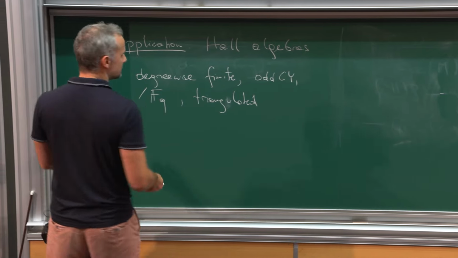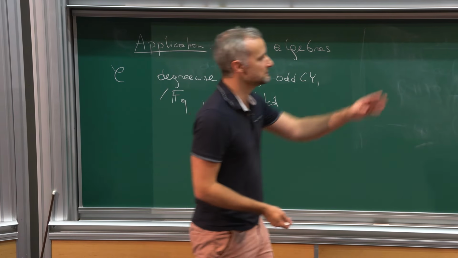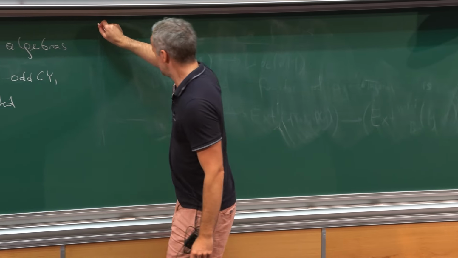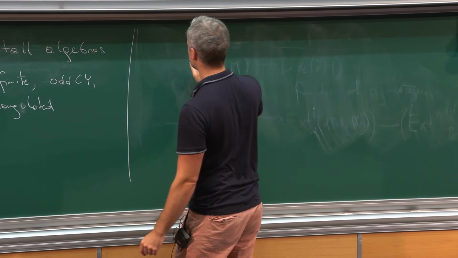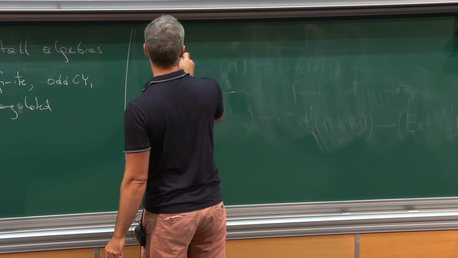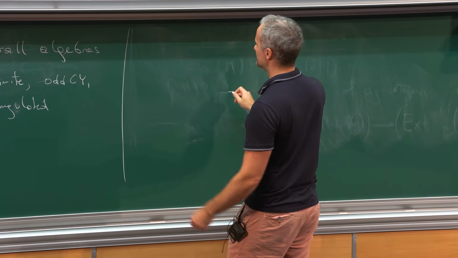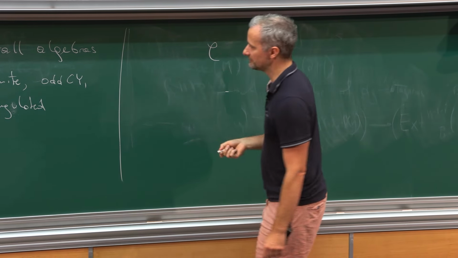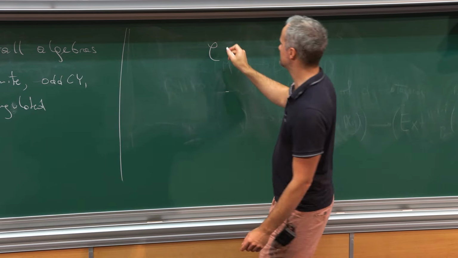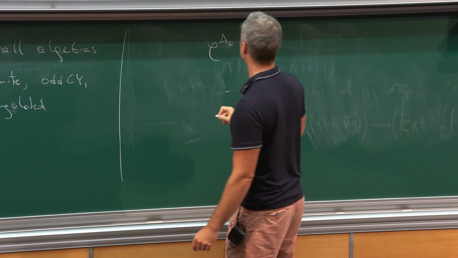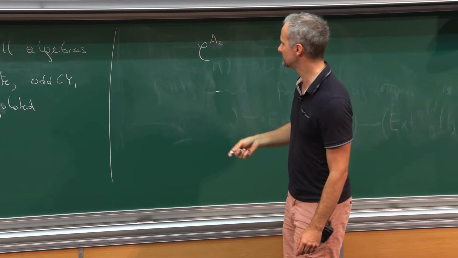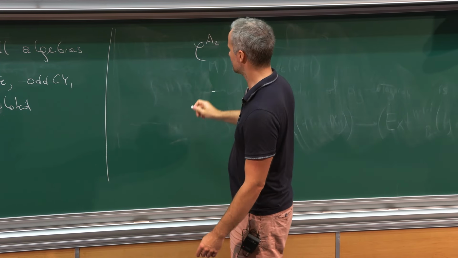Yeah, so to use my formula, I need some relative Calabi-Yau functor. And that is the following. In fact, better to view it as a span. So I can look at the category of triangles in my category C. I'm going to write that as C to the A2, like functors from the A2 quiver to my category. So this is the category of triangles.